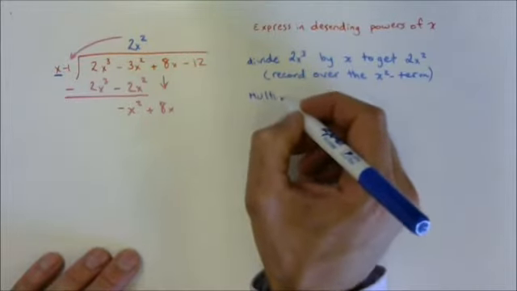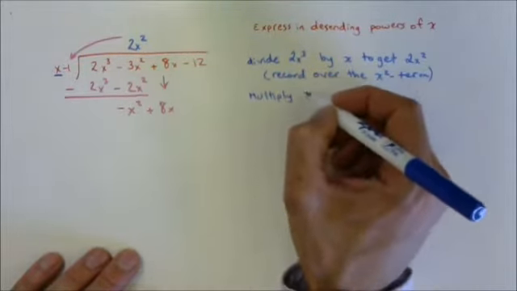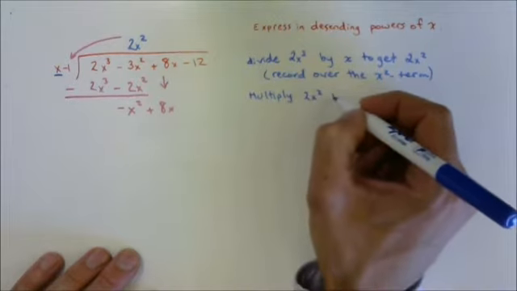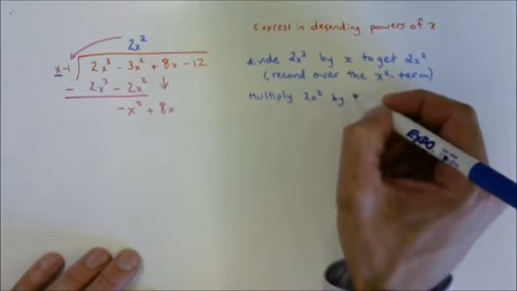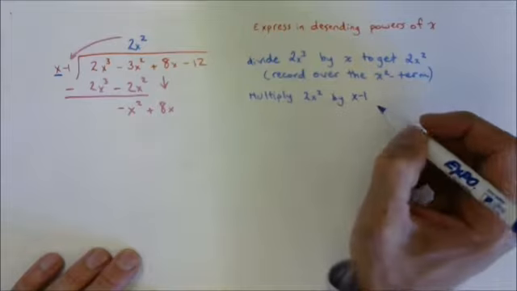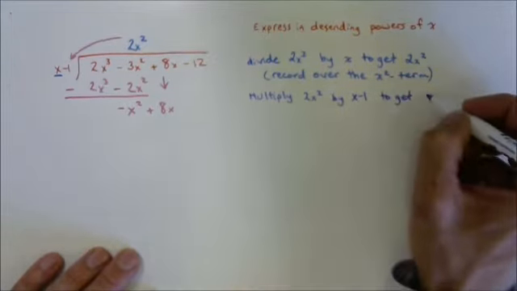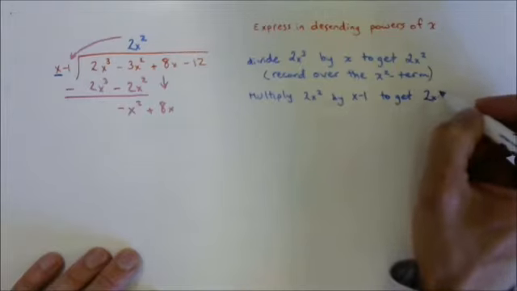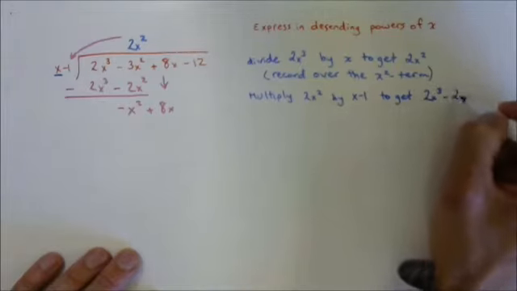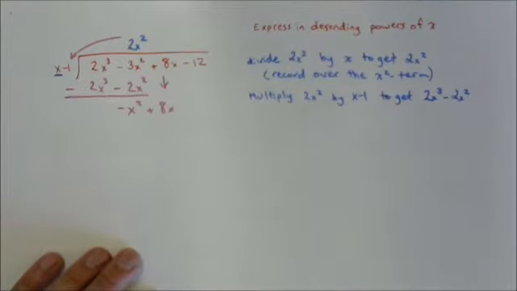Then multiply 2x squared by x minus 1 to get 2x cubed minus 2x squared.